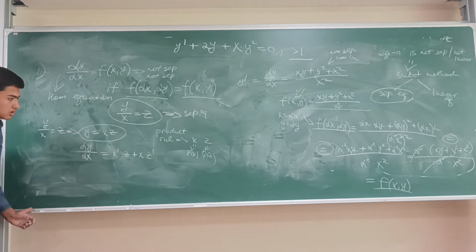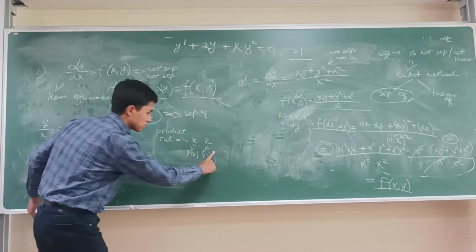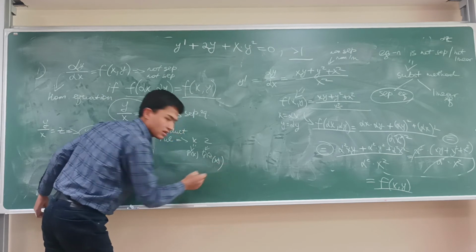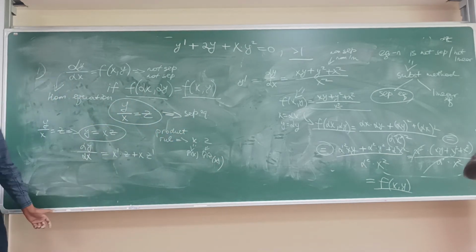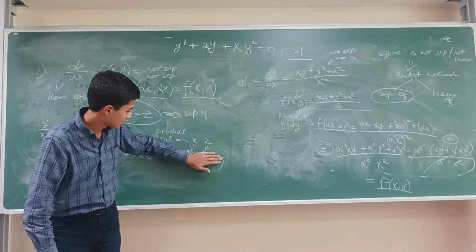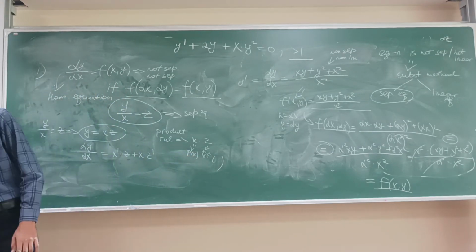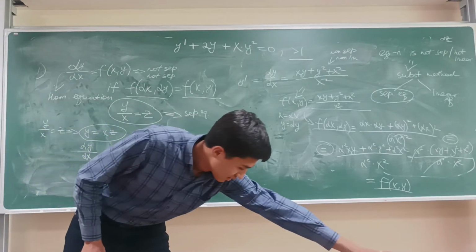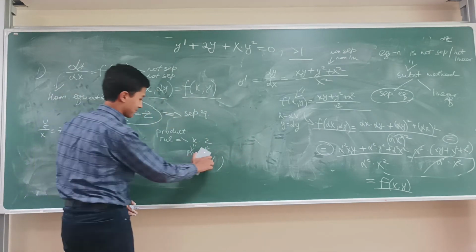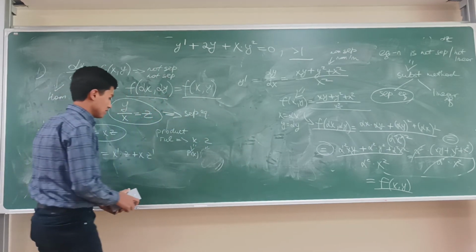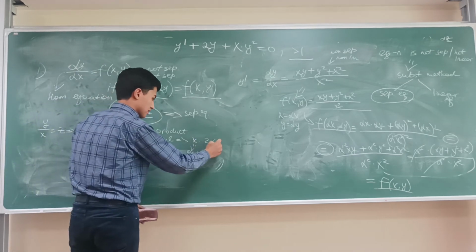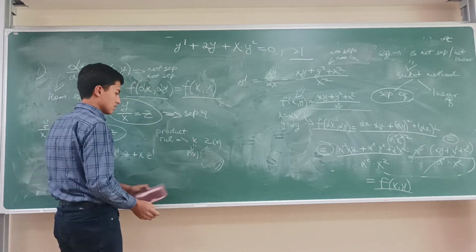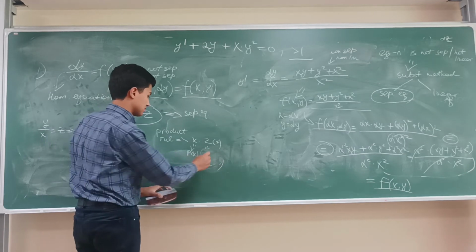Actually, you're right, I should have written z(x). So z is actually a function of x, right? You can leave it just like that.